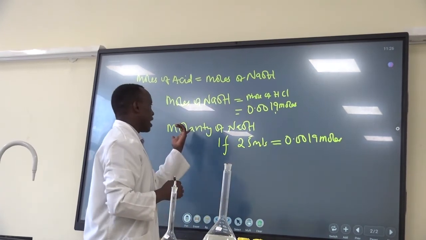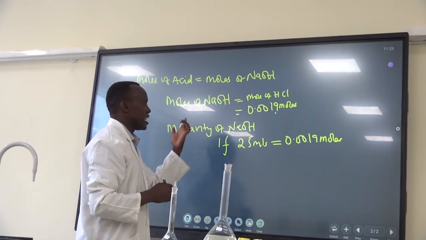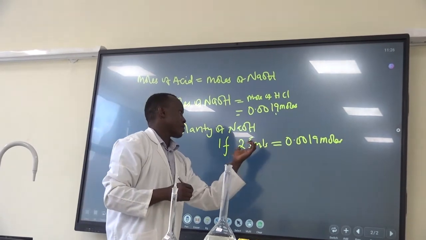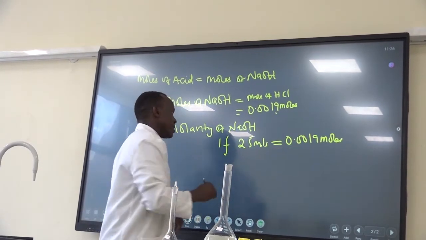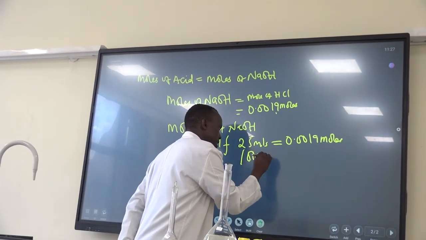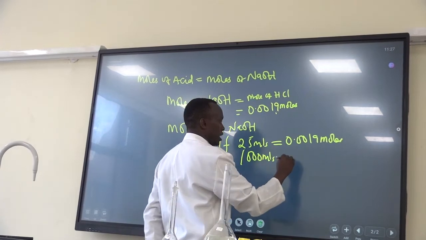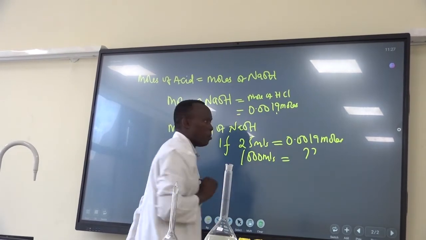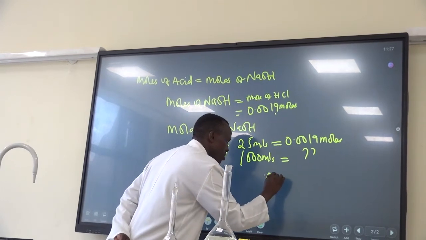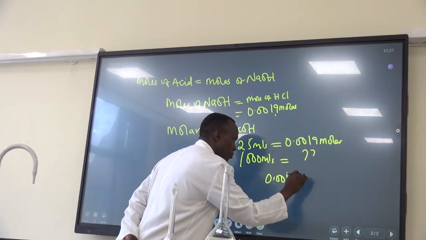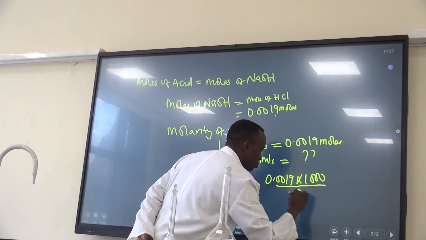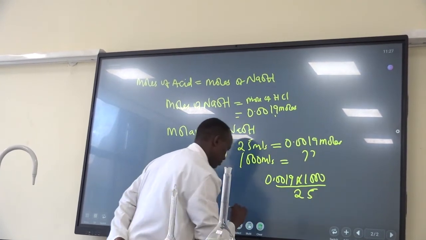And we know molarity is the number of moles in a liter. So if 25 mils of sodium hydroxide has these moles, then 1000 of the sodium hydroxide solution will contain how many moles? Then you will have 0.0019 multiplied by 1000 divided by 25.